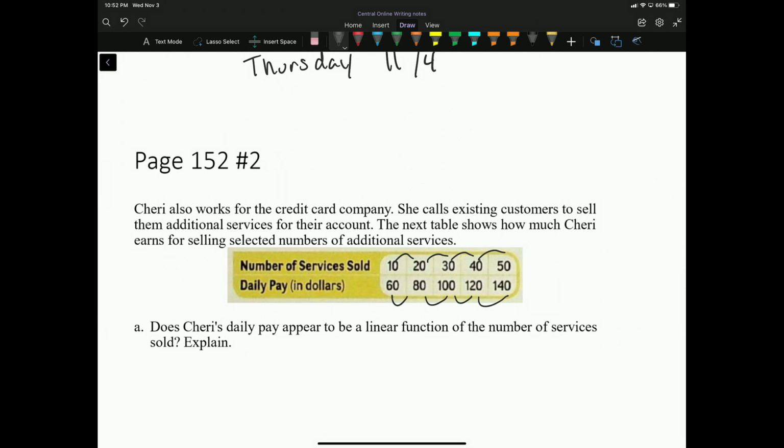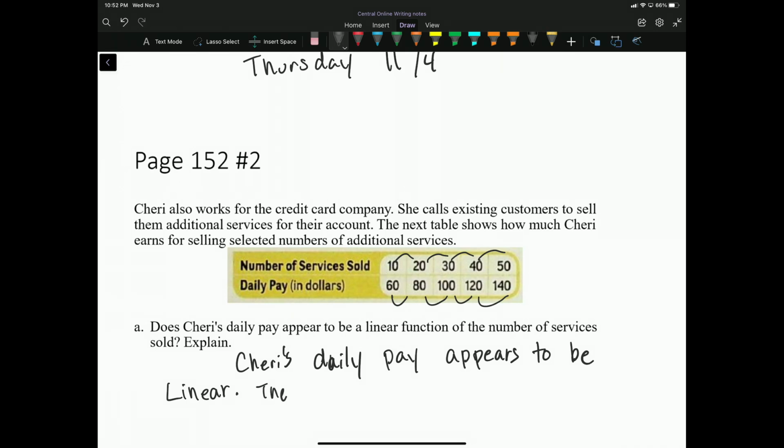We can say it appears to be Sherry's daily pay appears to be linear. All right, so why?